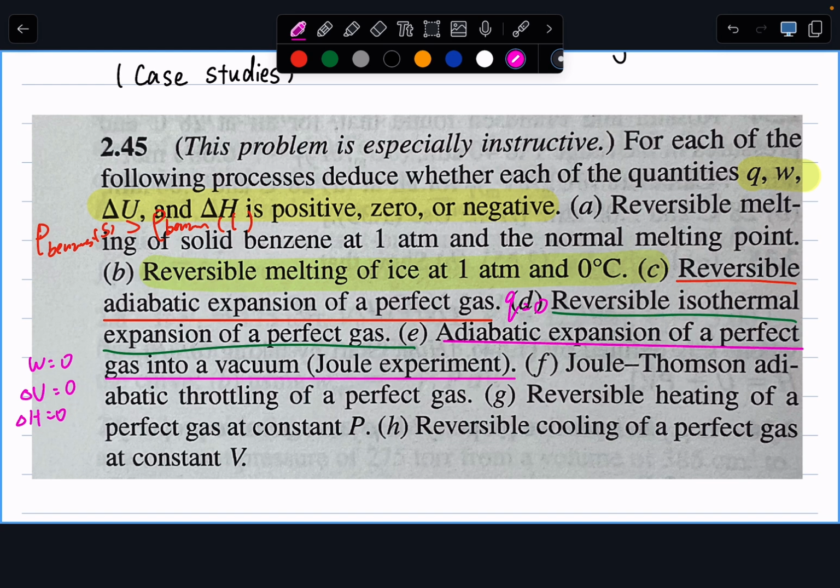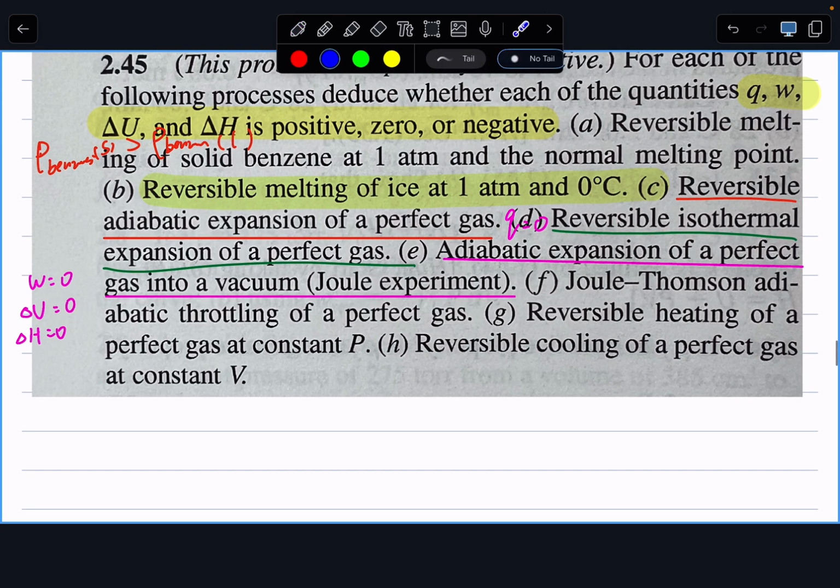All right. And then we have our Joule-Thomson adiabatic throttling of a perfect gas. So these two are almost the same kind of application. We went over this experiment in class. We say it's a constant enthalpy process, meaning my delta H equals 0.